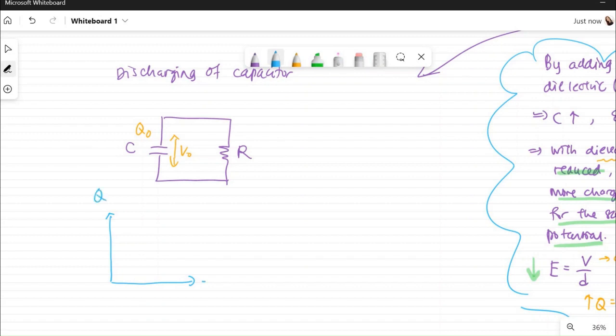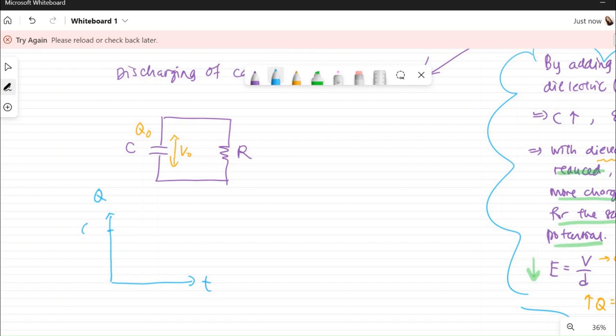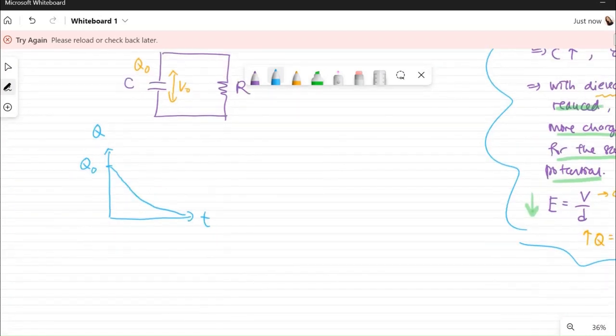Now let's look at the variation of charge across the capacitor when it is discharging. Q versus T. Initially the capacitor is fully charged, so it has the charge of Q naught and discharges exponentially until almost equal to 0, where this expression can be used to represent it. Q equal to Q naught exponential negative T over RC. Again, RC is the time for the charge to drop to 37% of the initial charge.